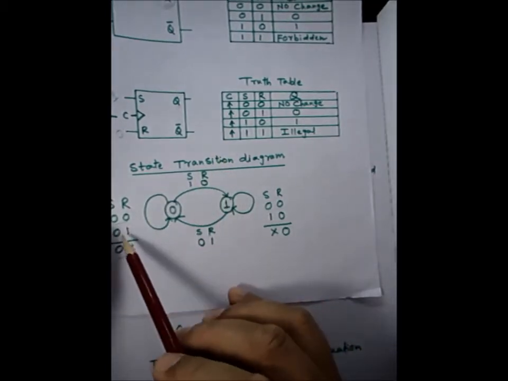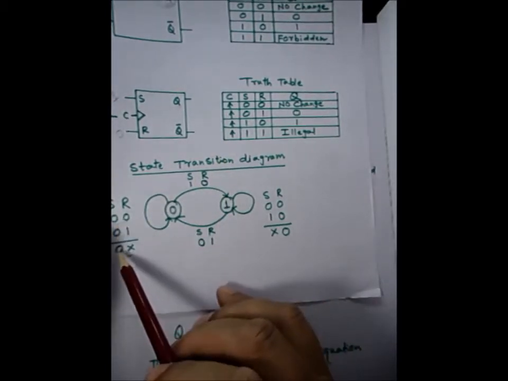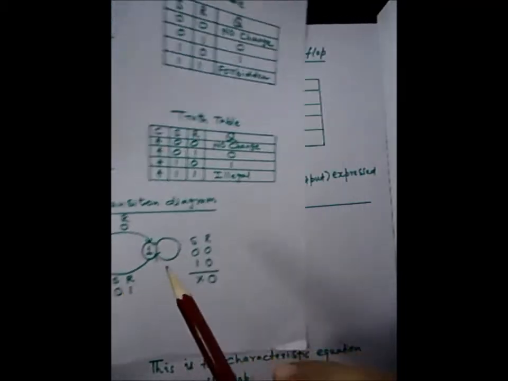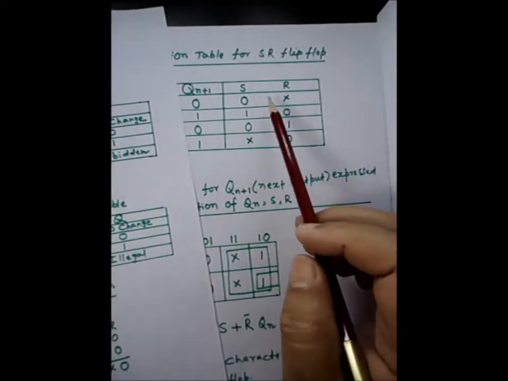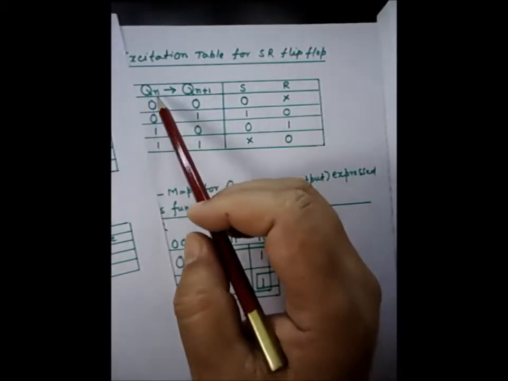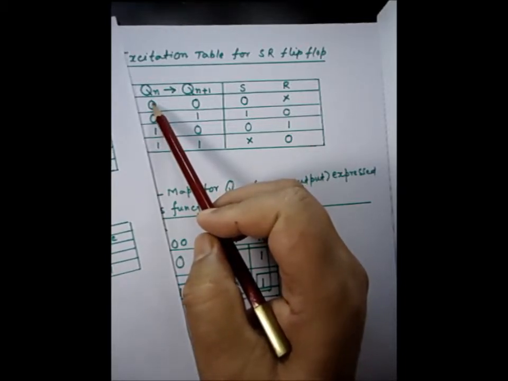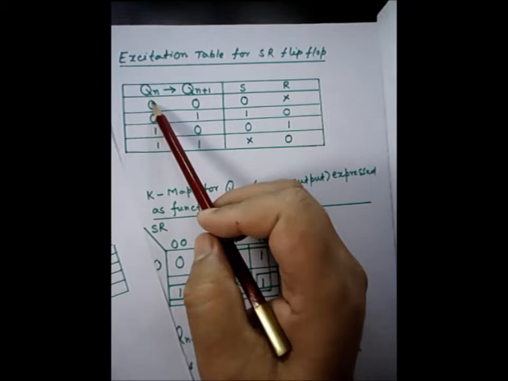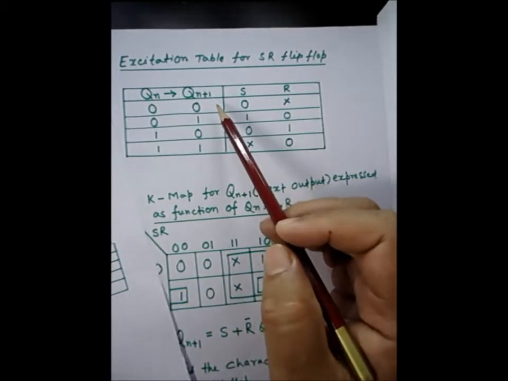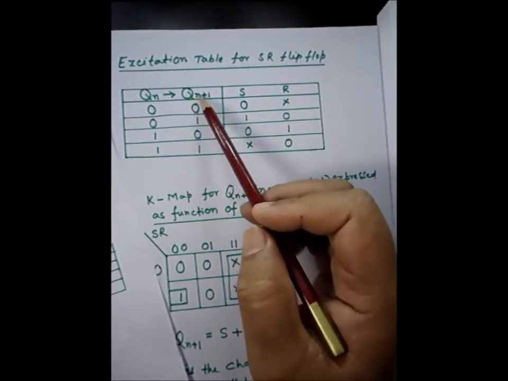When S equal to 0 and R is don't care, X, it remains in the state. The previous state we indicate by Qn, and the next state by Qn plus 1.